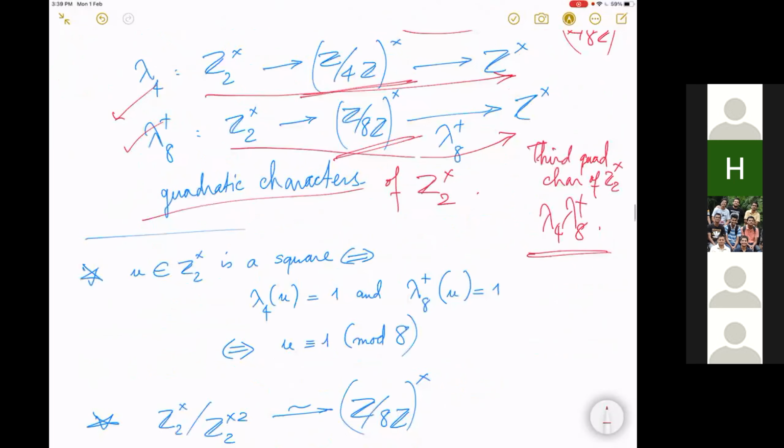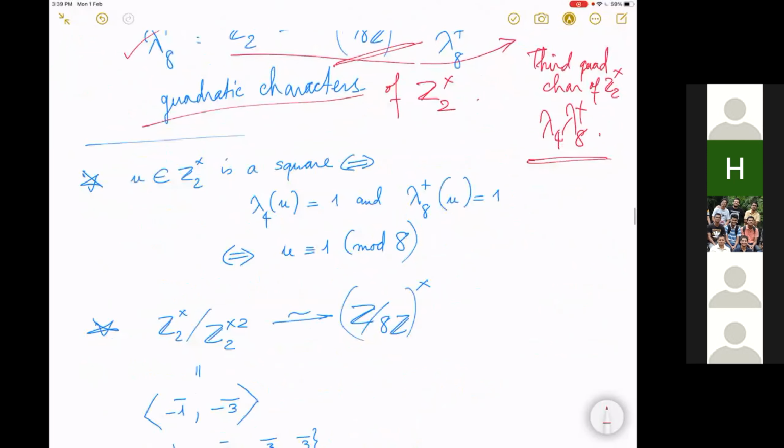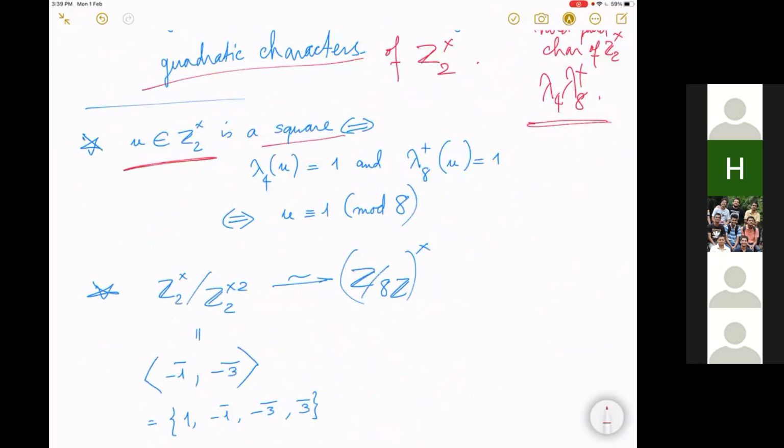Okay, so we had given earlier a criterion for a unit in Z to be a square, and here's the analogous thing for Z2. So a unit U in Z2 is a square if and only if lambda 4 of U is equal to 1 and lambda 8 plus of U is also equal to 1.